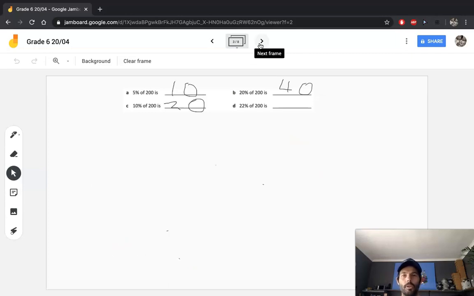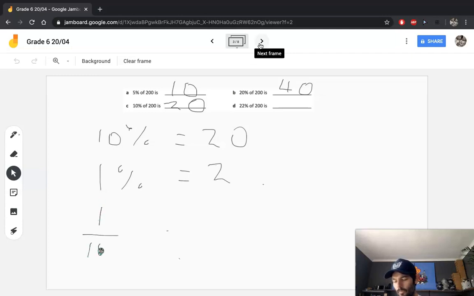Again, you've got a couple options here. If I know that 10% is equal to 20, then 1% must be equal to 2. I can also work out 1% of 200 in fraction form.